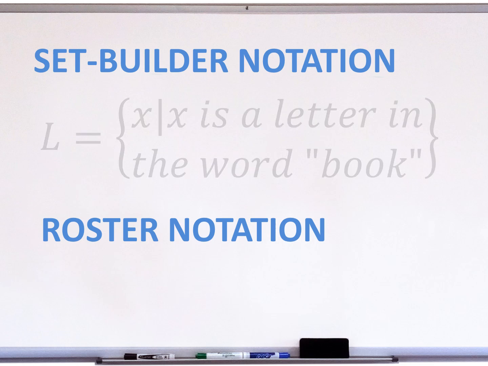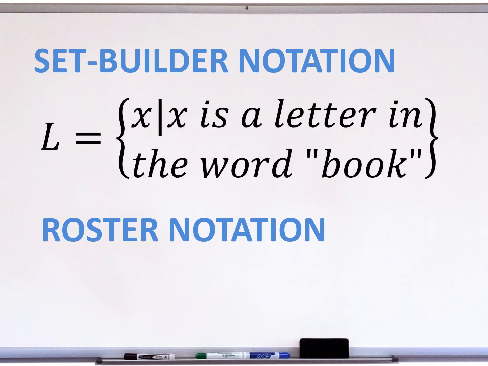Let's say you are given set L, read as L is the set of x such that x is a letter in the word book. If you convert the given set into roster notation, this can be expressed as L is equal to {b, o, k}. Take note that the letters must be separated by commas and enclosed by braces.